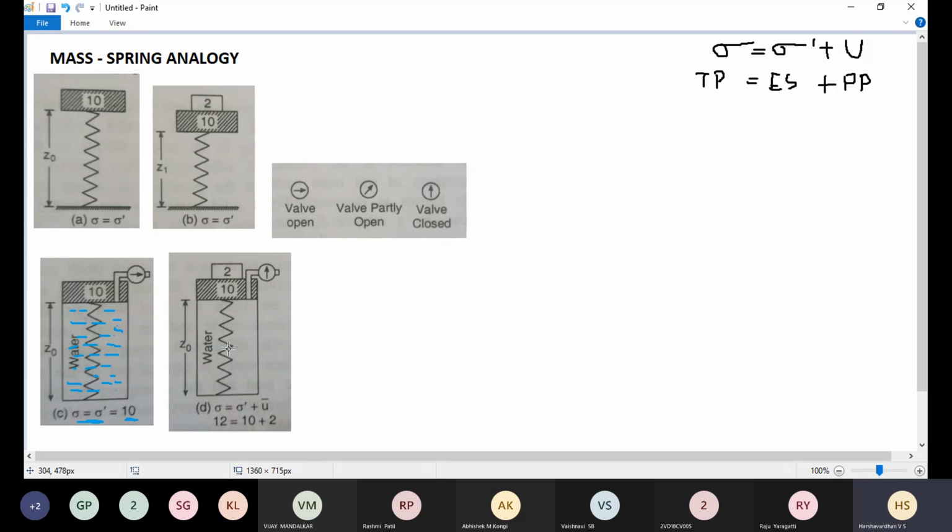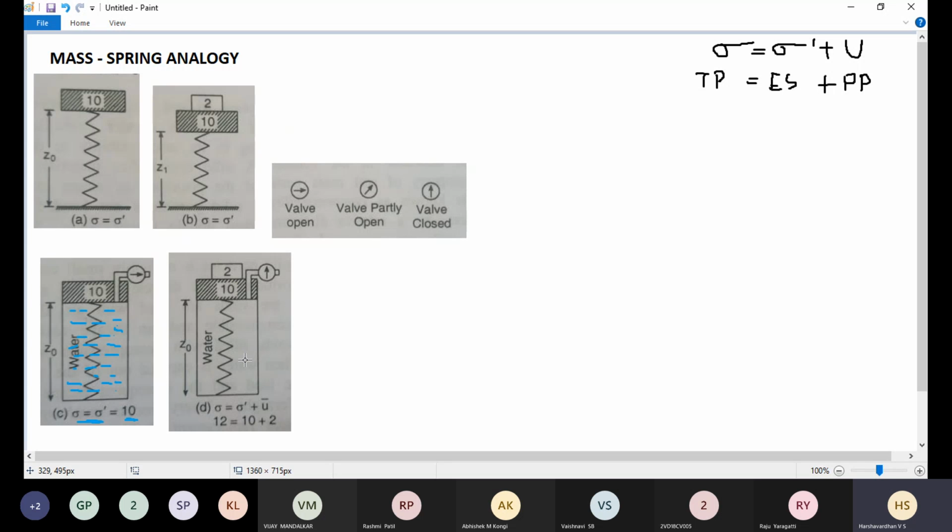Hence, whatever extra weight is added, it is entirely carried by the water. Initially, all the 10 units of load was carried by the spring. Now I'm closing the valve and I add 2 extra units of weight. Now these 2 extra units of weight are entirely carried by water.